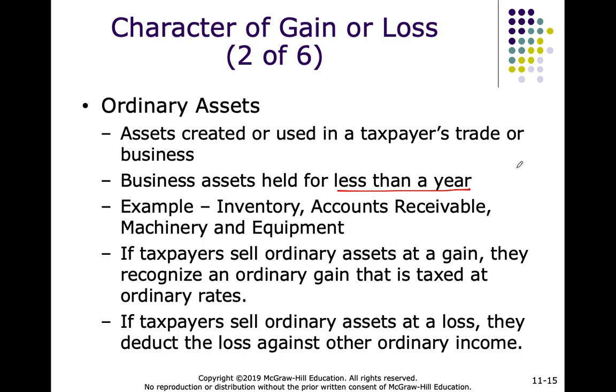So these are the assets that were held less than a year. So the sale of ordinary assets at a gain, we will have an ordinary gain, so no preferential rates there. If we have a loss on the sale, then this will be an ordinary loss that we can deduct against ordinary income without limitation.